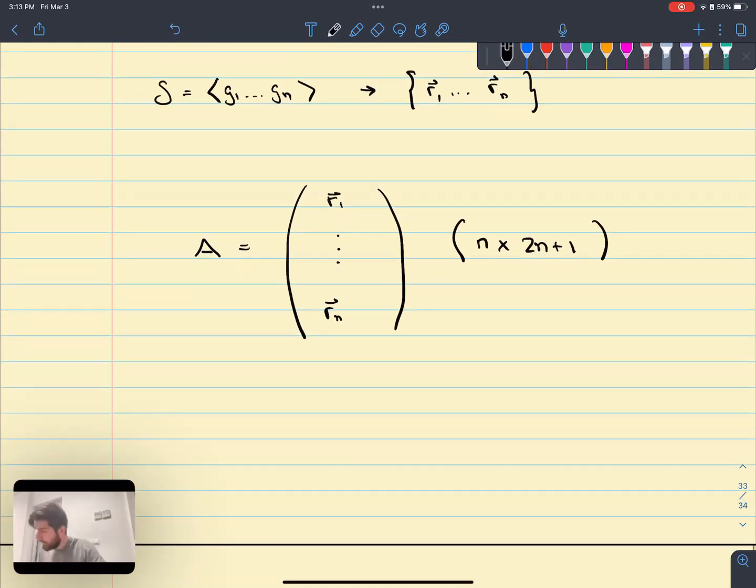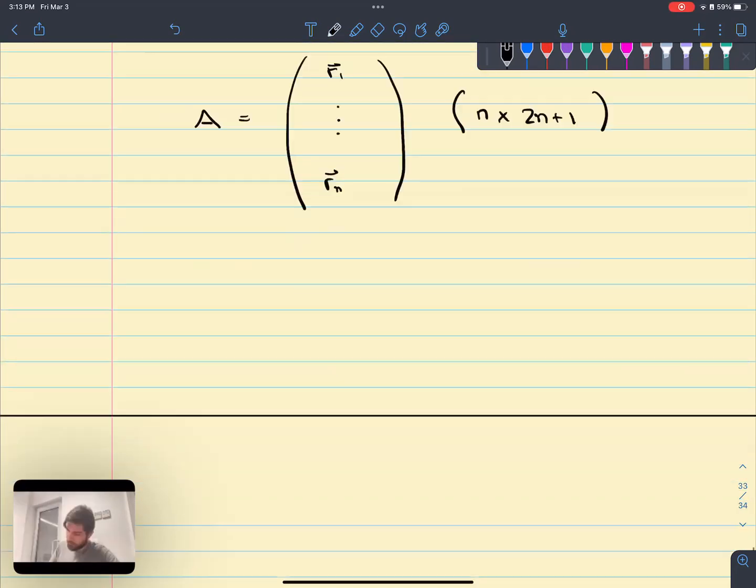And so we have the following theorem, which helps us out.